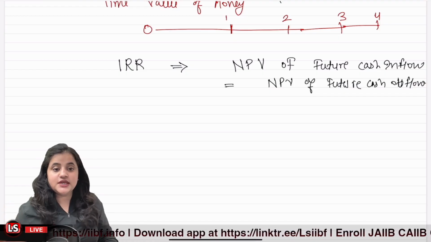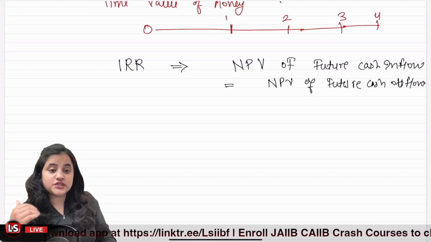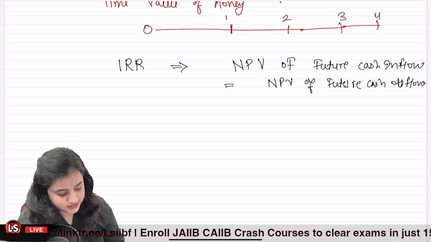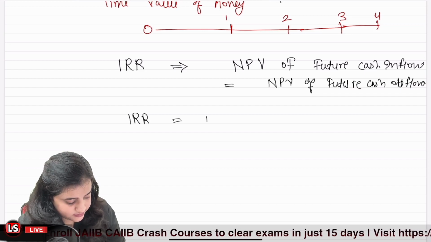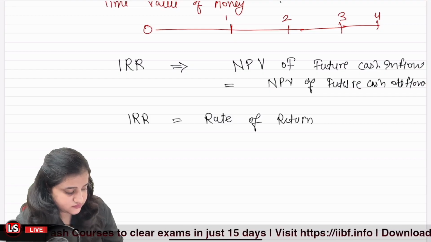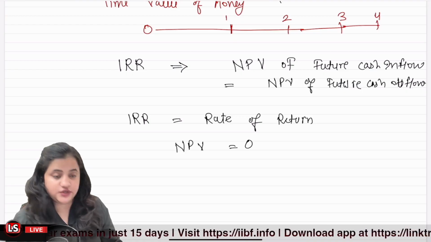The concept is the point at which NPV of cash inflow is equal to NPV of cash outflow, or in other words, IRR is the rate of return on which NPV of the project is 0, right?